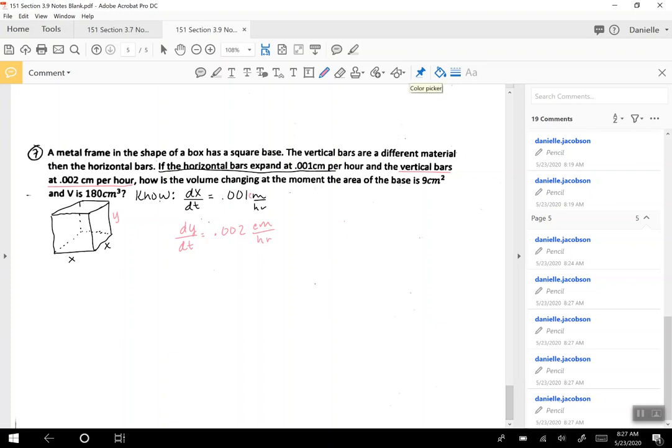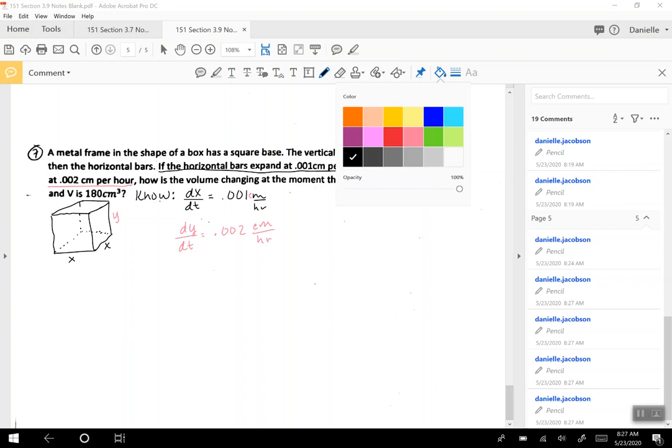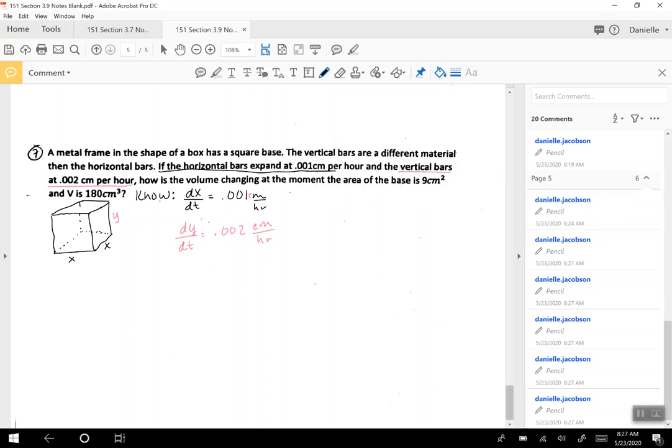So next, the question is, how is the volume changing at the moment the area of the base is 9 centimeters squared and the volume is 180 centimeters cubed? Okay, so we want how the volume is changing. So that would be dV, and that would be with respect to time, so dt.